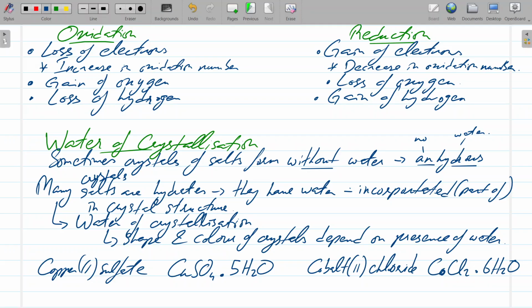And in that case, this is called copper 2 sulfate pentahydrate. Penta meaning 5, hydrate meaning water. So it has got 5 water molecules over there. Okay. Any questions so far? Yeah.